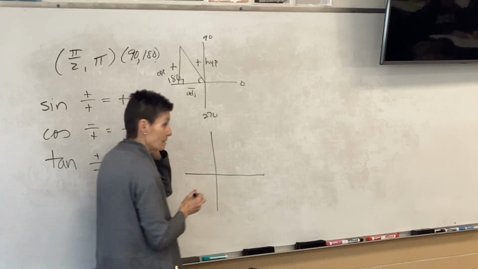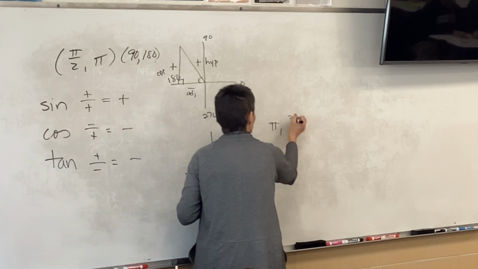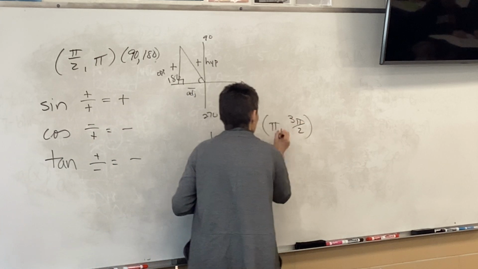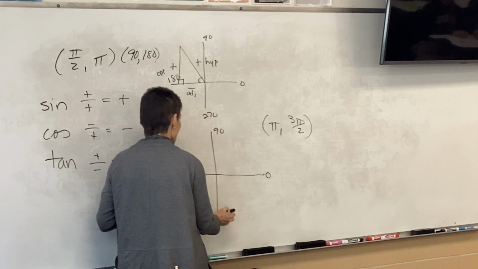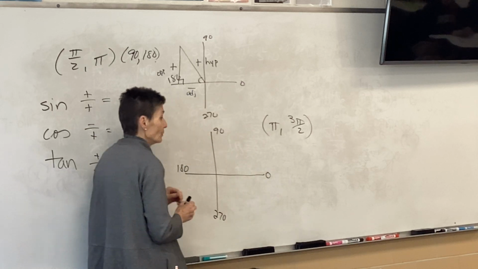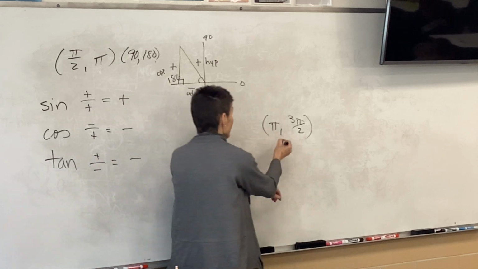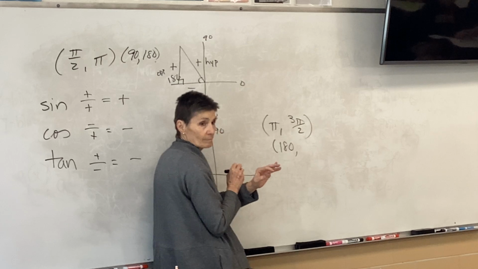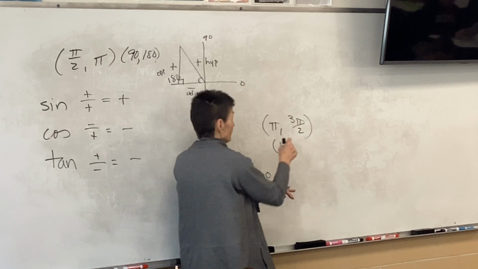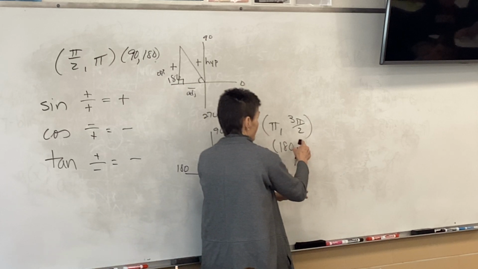Now we're between pi and 3 pi over 2. So where are we? If we're between pi and 3 pi over 2, we're between 180 and 270.